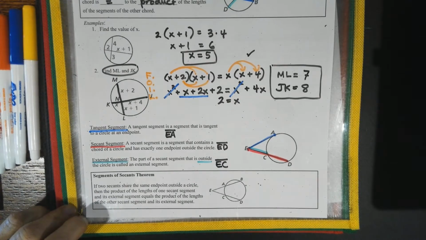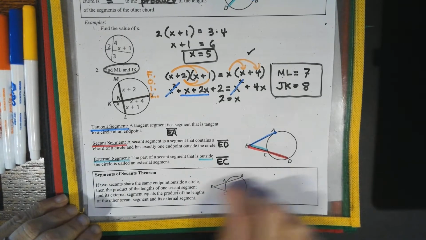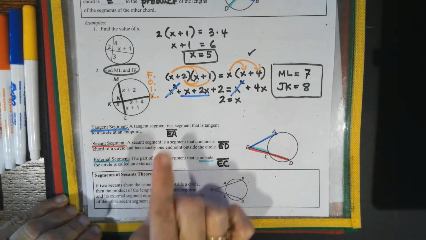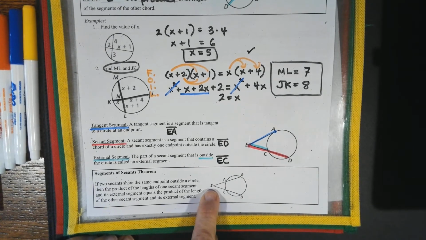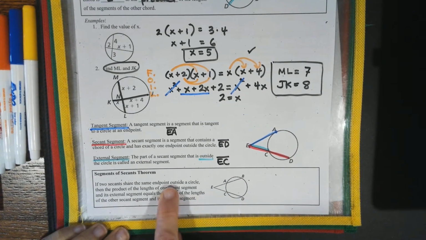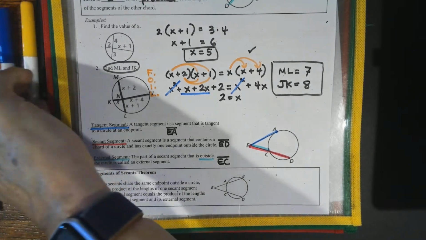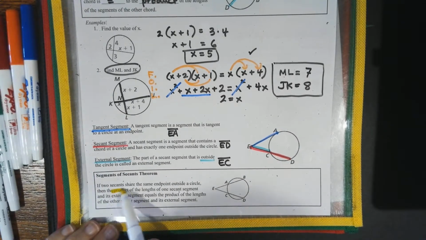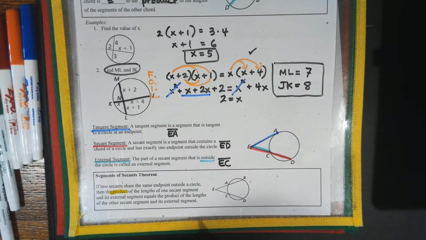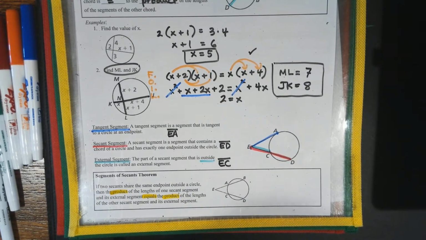So here we are at our second theorem. And this theorem uses all this vocabulary. If two secants share the same endpoint, here it's E, outside a circle, then the product of the lengths of one secant segment and its external segment equals the product of the lengths of the other secant segment and its external segment.